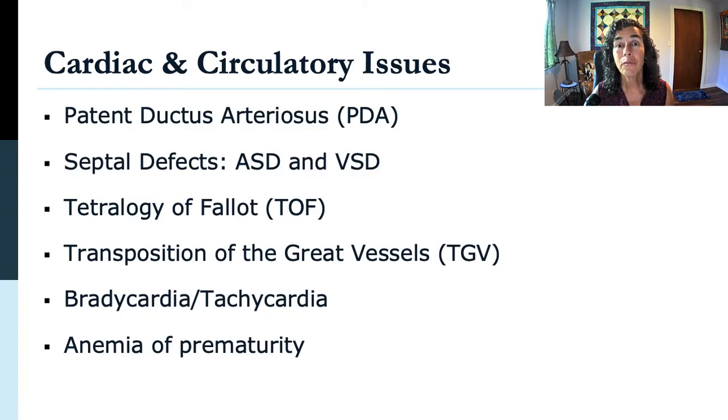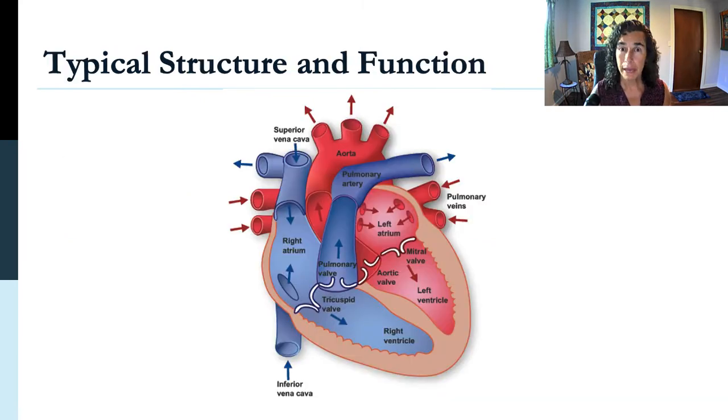Now, that said, each of these conditions have particular symptoms and signs and precautions associated with them. But again, this is not a deep dive into circulatory conditions of infants. I'm also going to tell you that in some cases surgery is indicated.